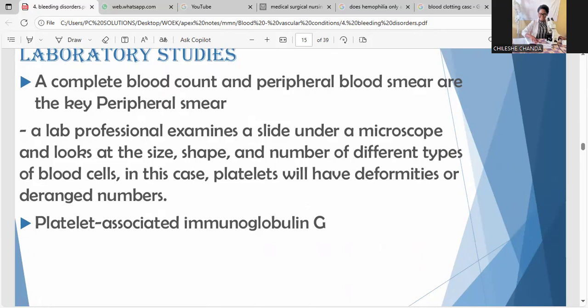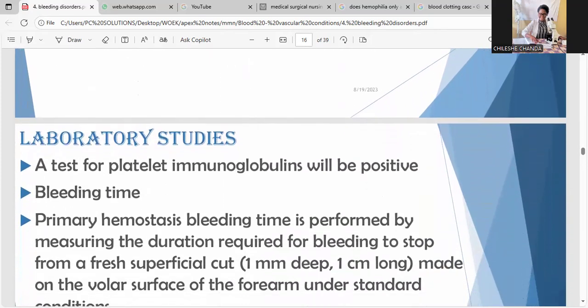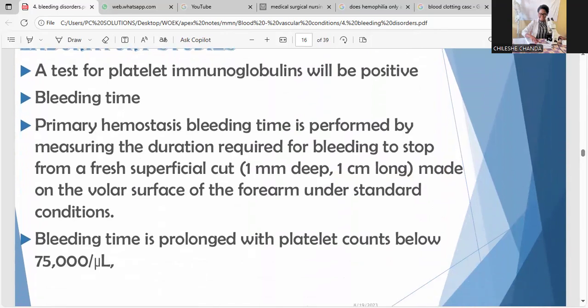So the lab professional will examine a slide and look for the size, the shape, and number of different types of blood cells and count them. Okay, so that is what is going to happen. Then there will be a test for platelet immunoglobulins. This one will be positive. You can check bleeding time, which will be increased.